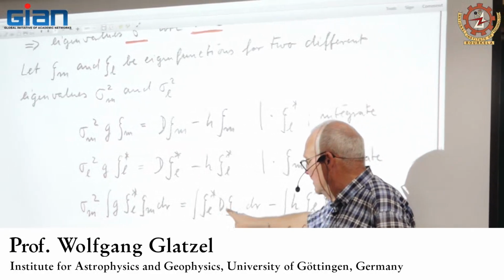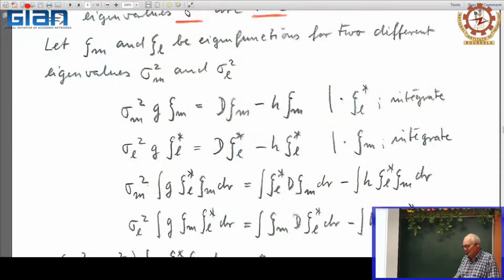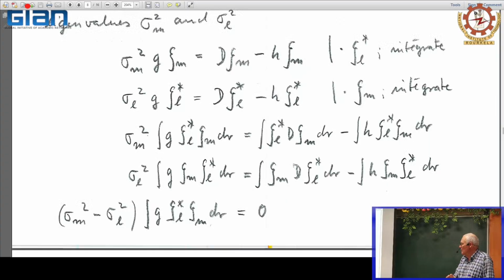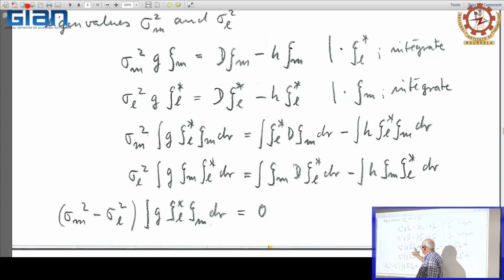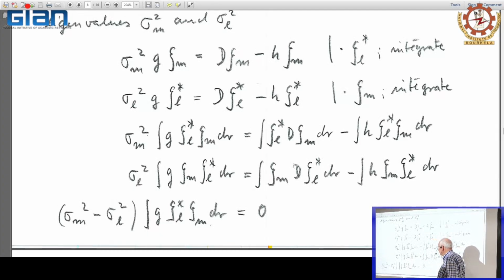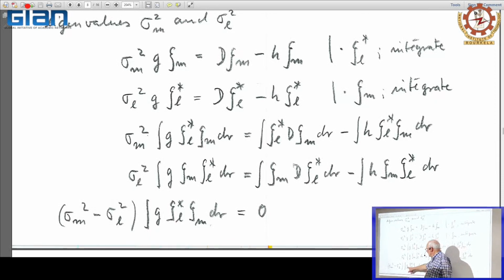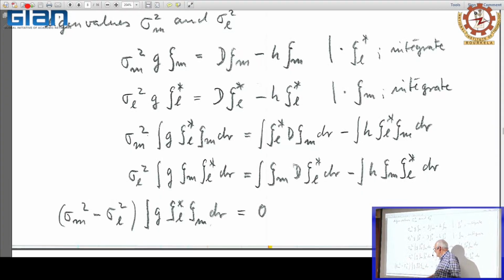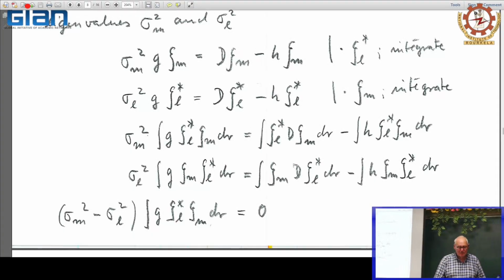The main argument is that the differential operator is symmetric. Okay, what are we left with? We are left with the product zeta l star times zeta m, and zeta m times zeta l star is the same. So these two integrals are identical, and we have sigma m squared minus sigma l squared times the integral over the function g times zeta l star times zeta m has to be 0.